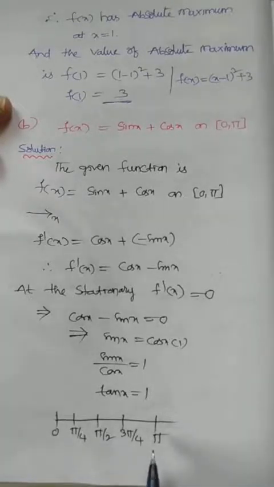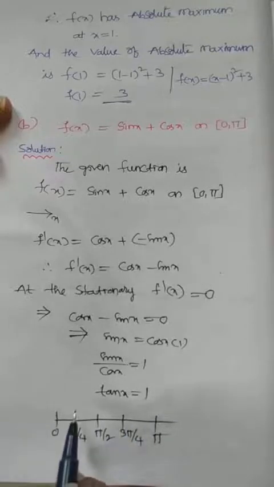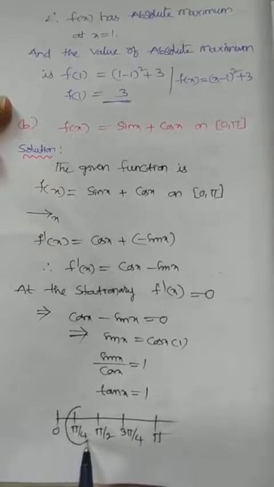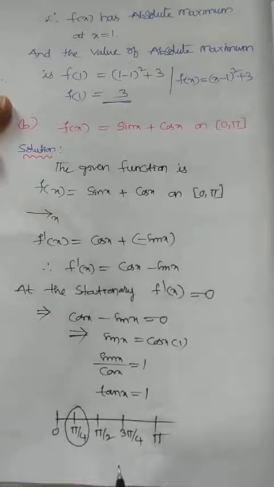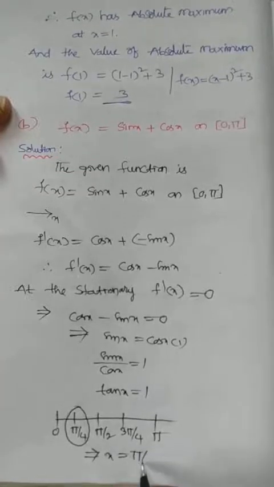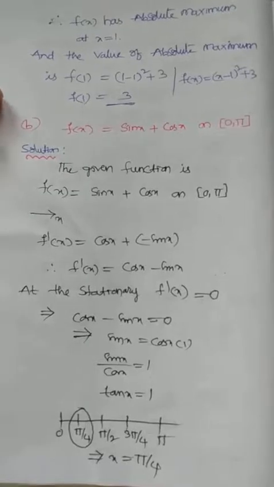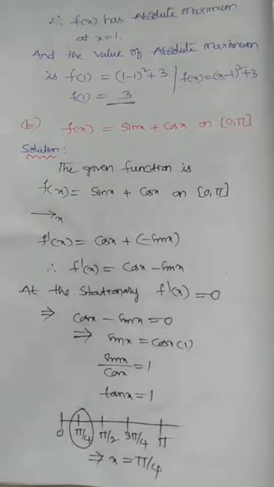Among these values, the tan x value reaches 1 at x equals pi by 4 only. That implies x is equal to pi by 4. How many stationary values do we have here? Only one, that is x equals pi by 4. Now let us find the second derivative.